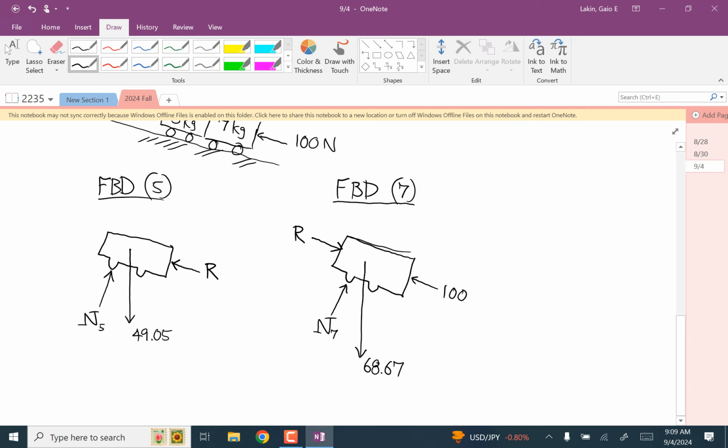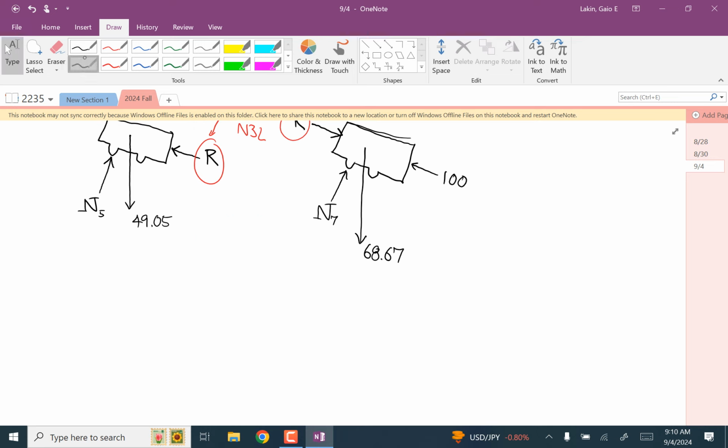So this magnitude has to be the same as that magnitude. This is from Newton's third law. Any questions about that? And then the last type of contact force that we're going to use for particle statics is friction contact.